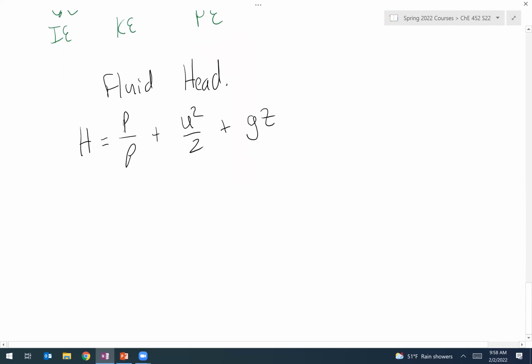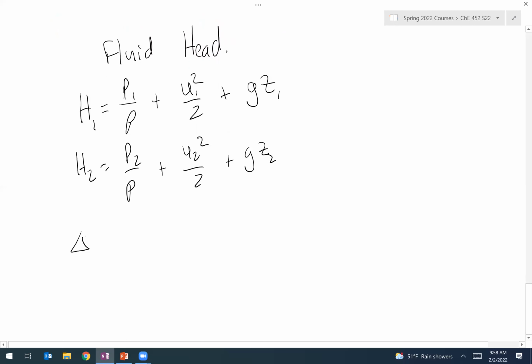So if this is H1 and H2 is at a different condition, I can calculate the change in head, delta H, by looking at the change in my 3 energy terms.